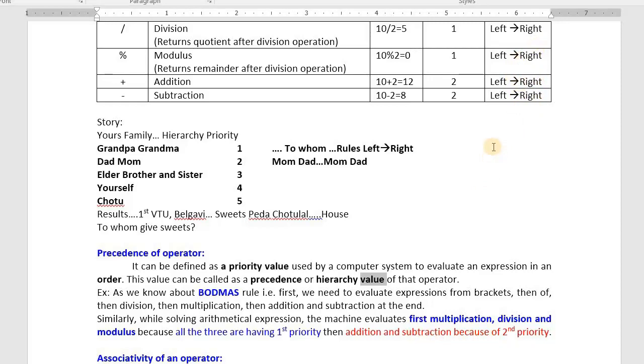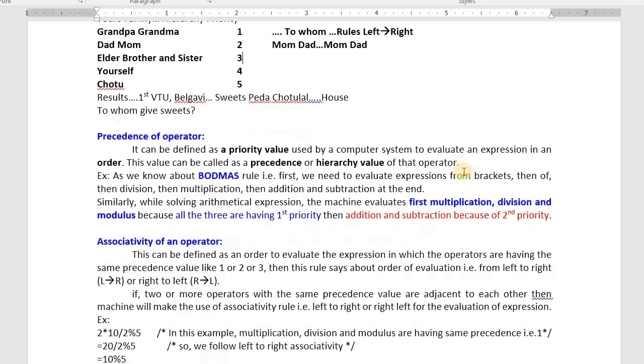Then what is the associativity of an operator? This can be defined as an order to evaluate the expression. It is the order in which operators having the same precedence value, like 1 or 2 or 3, are evaluated. This rule says to evaluate from left to right or right to left.